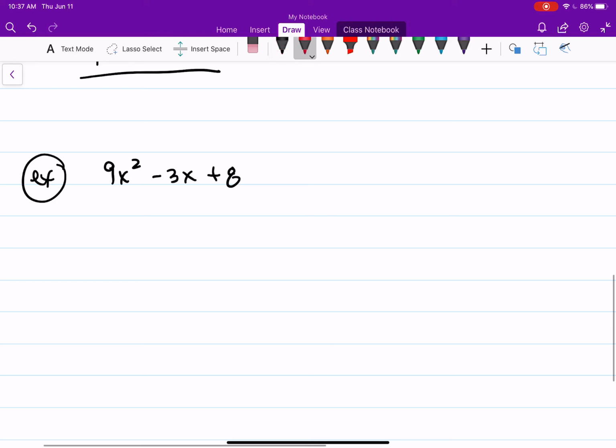So let's talk about what a standard form is. So the standard form is ax squared plus bx plus c. So if you notice what happens with the powers, right? It started at a square term, right? Which is so-called the highest power.